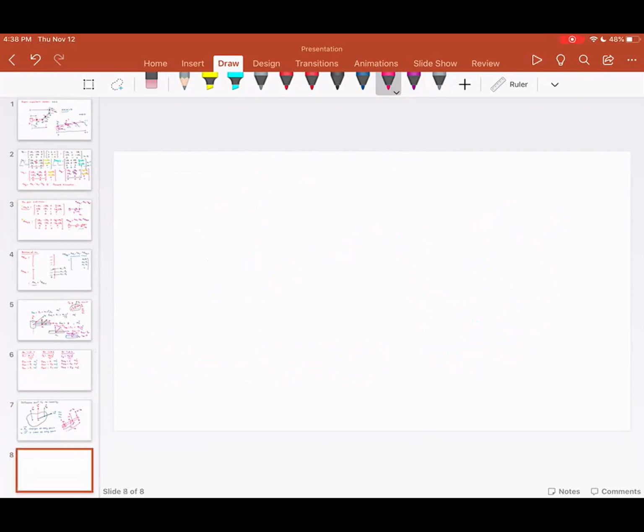So one thing always remember, for dynamic analysis, Vt and omegas are with respect to a fixed or inertial or zero frame or coordinate system.